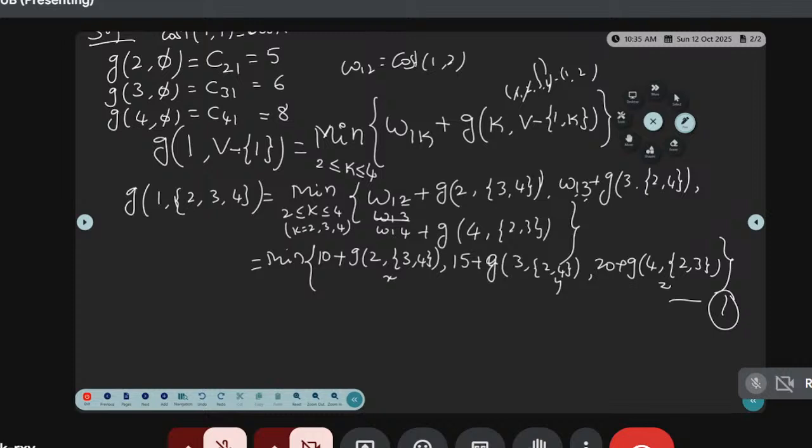Then we have to calculate g of 2 comma 3 comma 4. G of 2 comma 3 comma 4 we need to calculate.